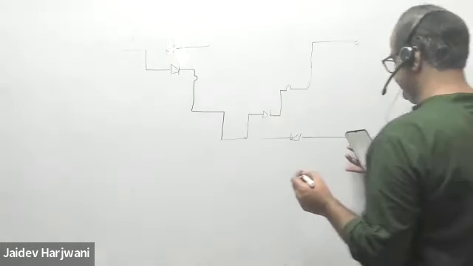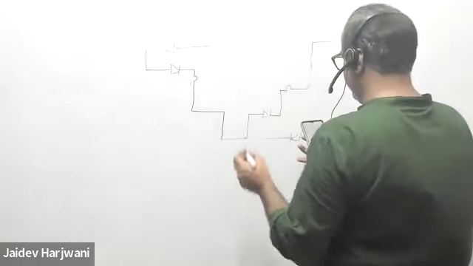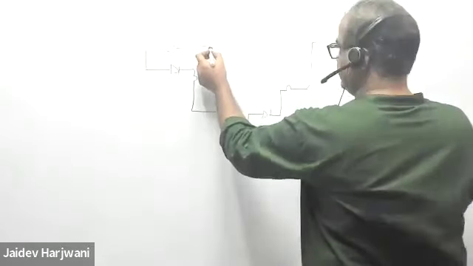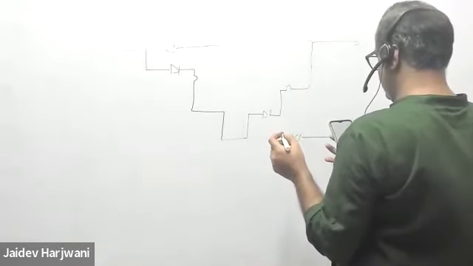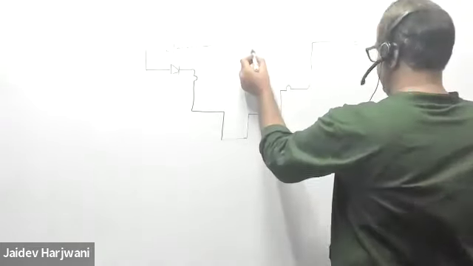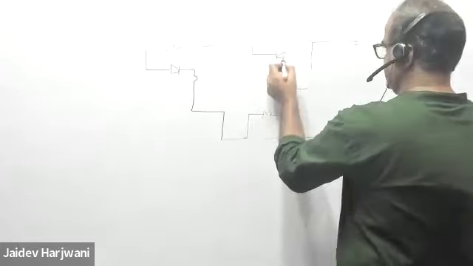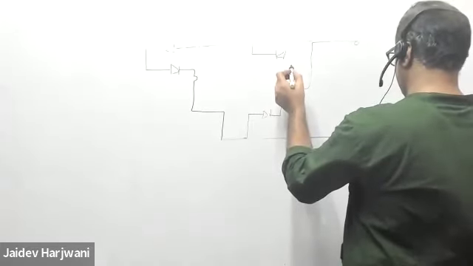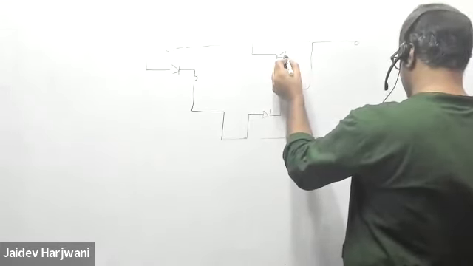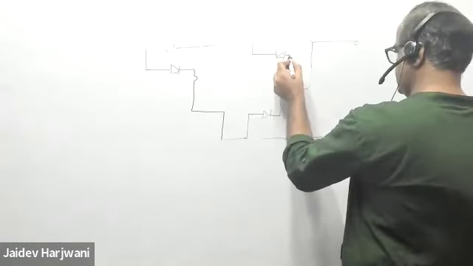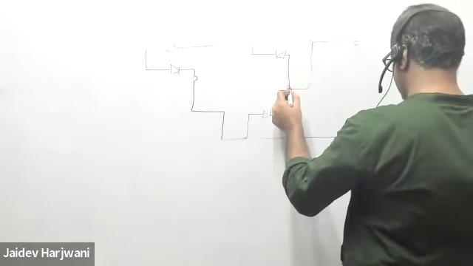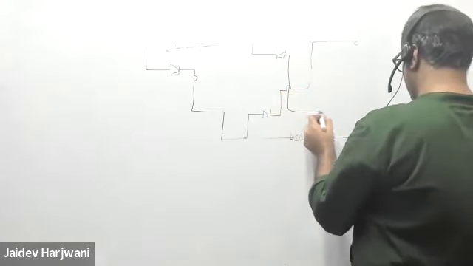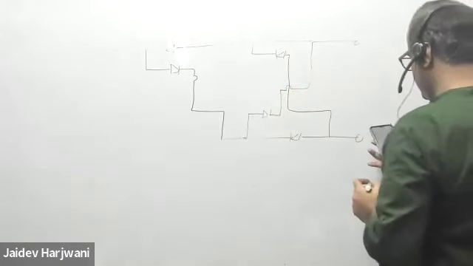इसको बनाते हैं. देखना कोई मिस्टेक नहीं हो जाए. I am making sure there should be no mistake. Okay. And then this is here. This is here. This is here.